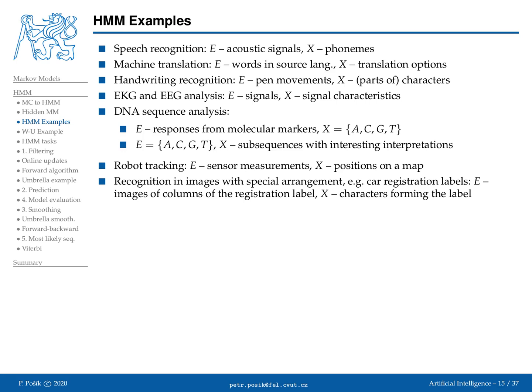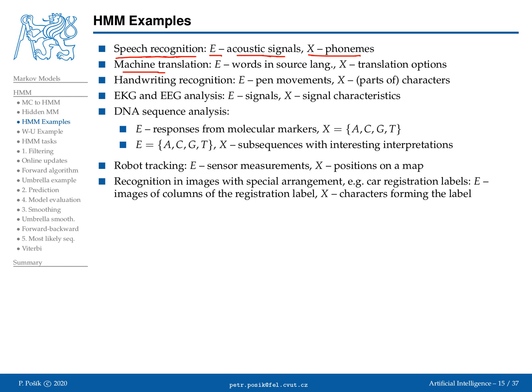What are the possible applications of hidden Markov models? They were very often used for speech recognition, where the observations were the acoustic signals, the sound frequencies that you hear, and the hidden state was the phoneme, the character that you try to pronounce.